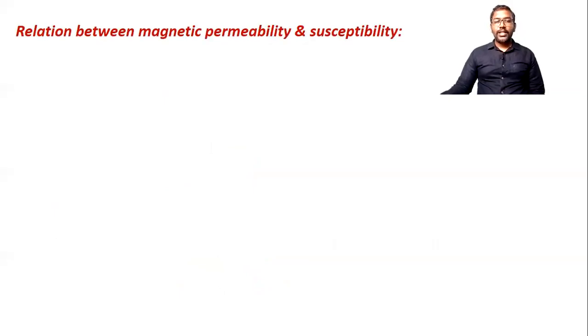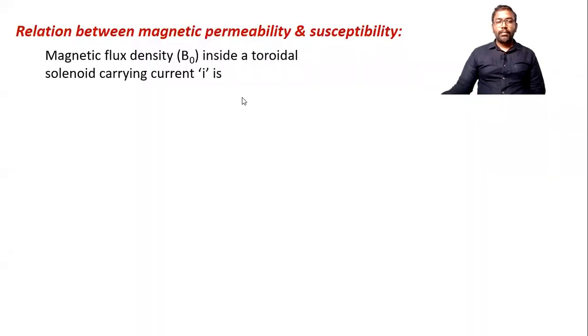After that, we have to learn the relation between magnetic permeability and susceptibility. The magnetic flux density inside a toroidal solenoid carrying current I is given by mu 0 n I, the magnetic field inside the toroid. Here n is the number of turns per unit length.